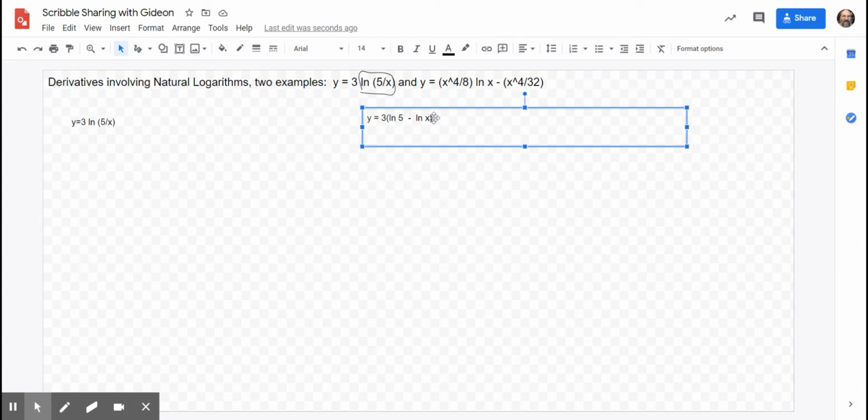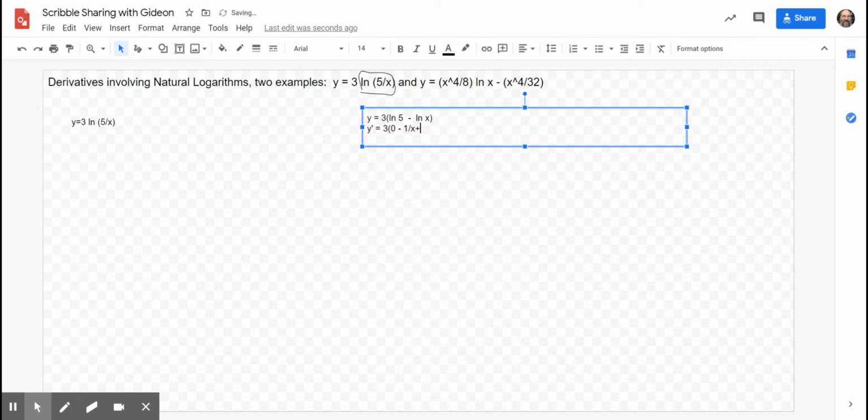The 3 is just a scalar in front, so it's not going to change. So really, we just take y prime equals 3 in parentheses, the logarithm of the first term, which is the log of a number, is a number, so that's 0. And then the natural log of x, we've memorized that the derivative is 1 over x.